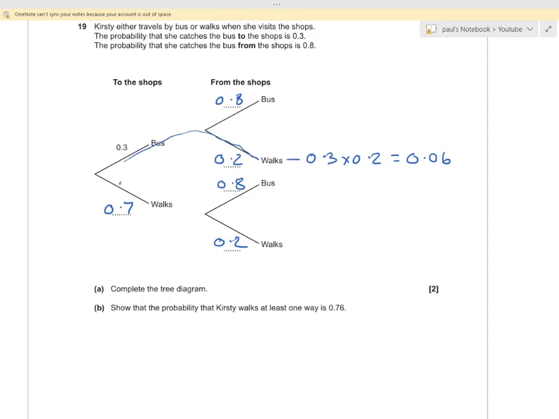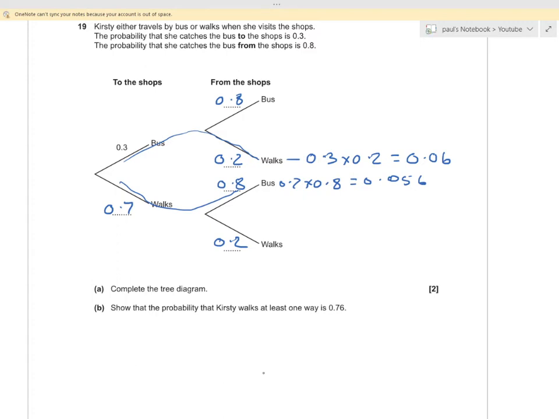So she could walk that way, which is 0.7 times 0.8, which is 0.56. Hang on, 0.3 times 0.2 equals 0.06, yeah?